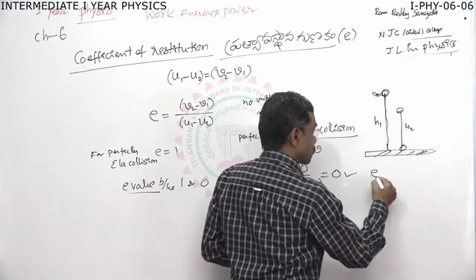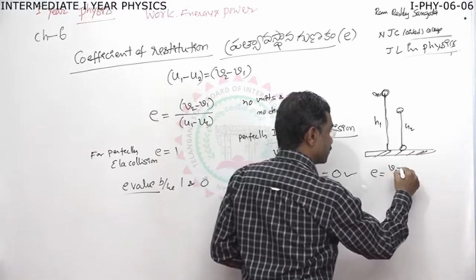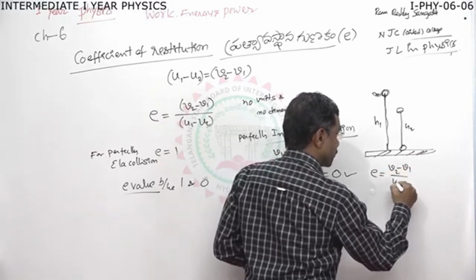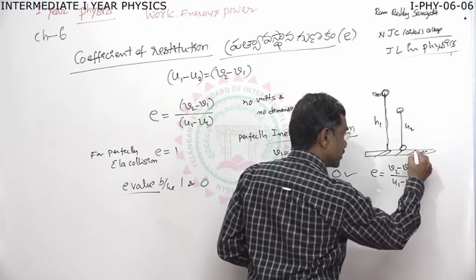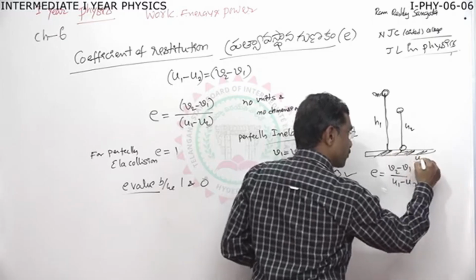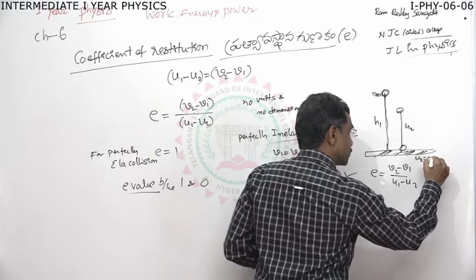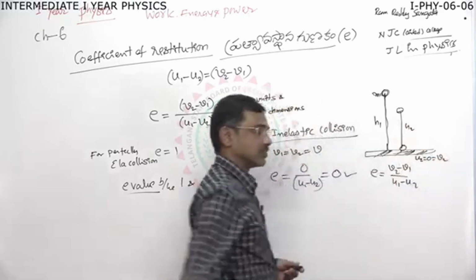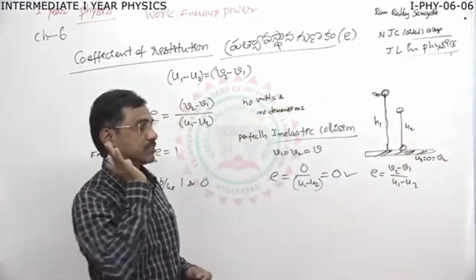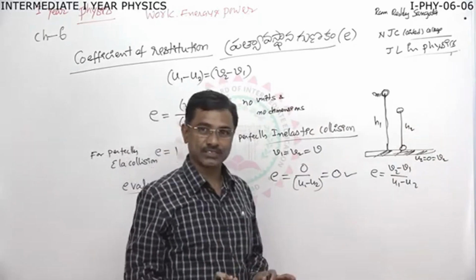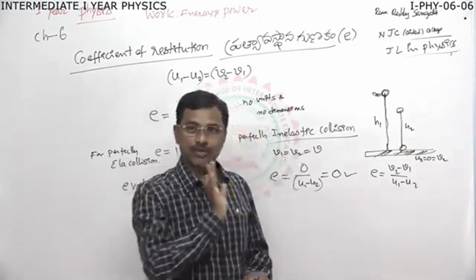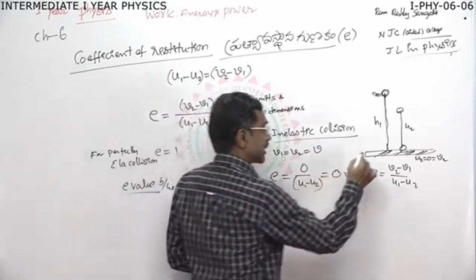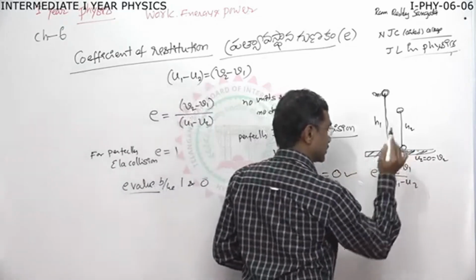In this case, coefficient of restitution, by definition, is (V2 minus V1) by (U1 minus U2). Here the huge plate, before collision and after collision, will be at rest. I gave this ball example: throw a ball, before collision the plate is at rest, and after colliding with the ball also it will be at rest.